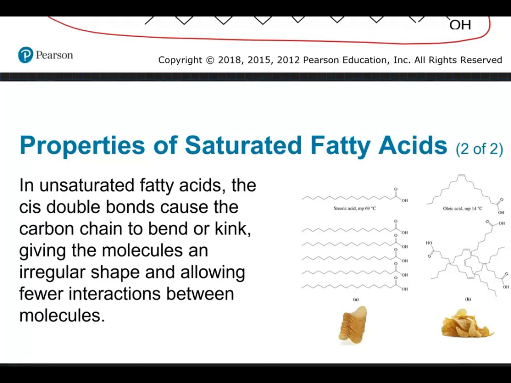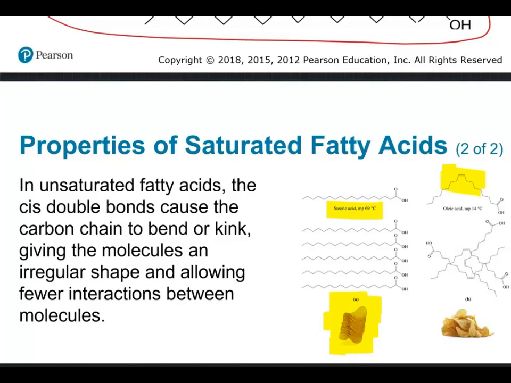So here's an example of a stearic acid, which contains 18 carbons and no double bonds. You can see how these molecules are stacked, almost like the Pringles in the tub. On the other hand, oleic acid, with a melting point significantly lower than one for stearic, stearic has 69 and oleic has 14, contains one double bond.